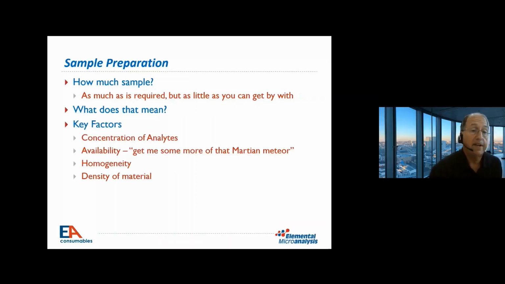Well, there are some key factors that come into determining sample size. One is the concentration of the analytes to be measured. The other is the availability of the sample. How much do you have? If we're measuring Martian meteorites, there may not be a whole lot. You can't get some more. The homogeneity of the sample and the density are all factors.